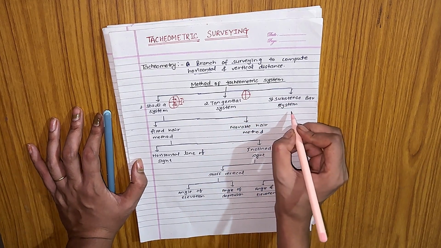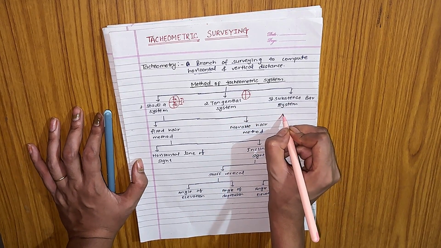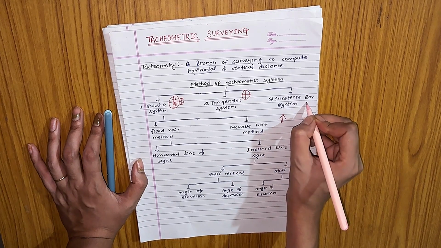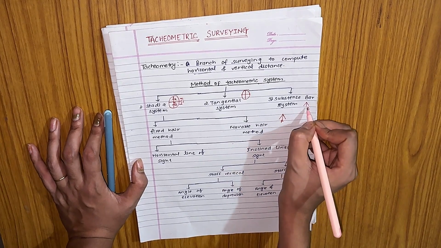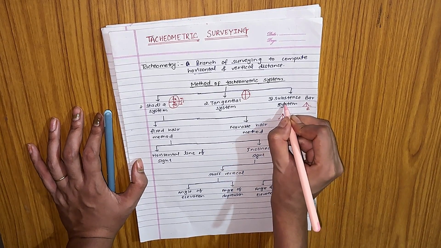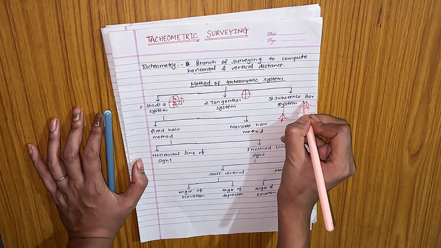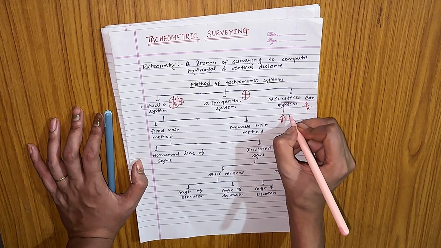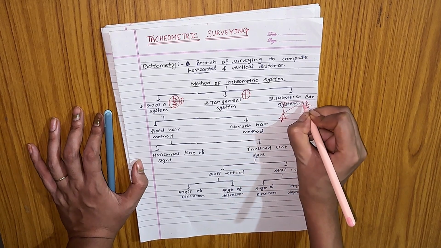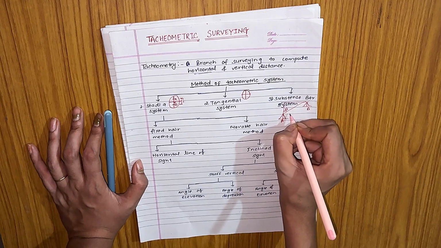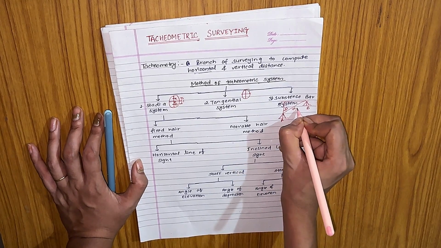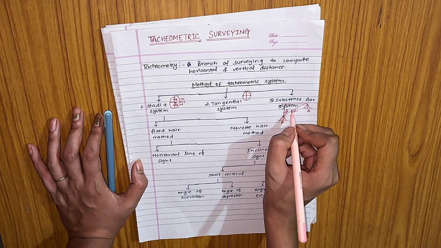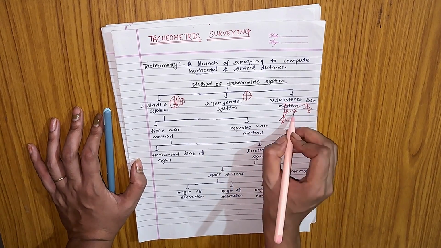And in the subtense bar method, when we have to calculate the distance, this is station A, on top this will be station B. We will put a subtense bar here at station B, and with the help of the angular observation we will calculate this distance x.